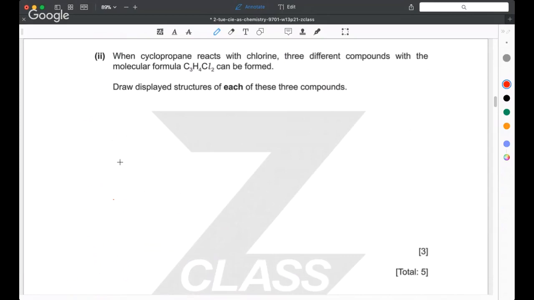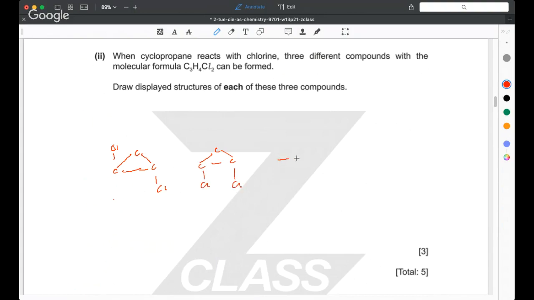And you can see those in the mark scheme, but you end up with, I'm just going to draw in the chlorine atoms here. You could have a chlorine atom there, another chlorine atom there, another chlorine atom there.